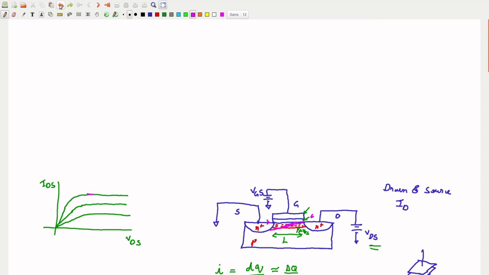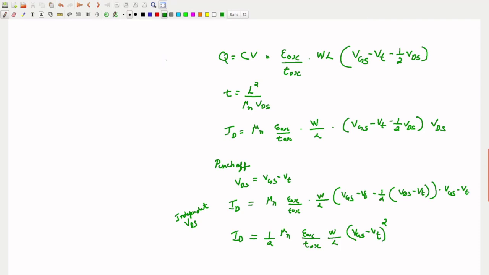So the drain characteristics is this. For a particular VGS, initially we have a linear portion. When VDS is increased, it becomes parabolic, and at pinch off it flattens. It doesn't depend on VDS. So this explains the drain current and the drain characteristics of the MOSFET.